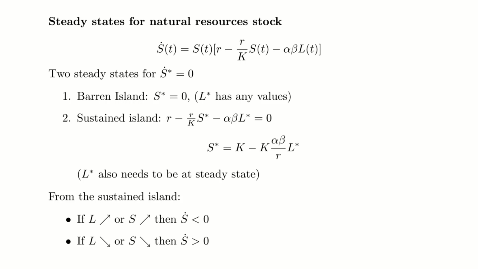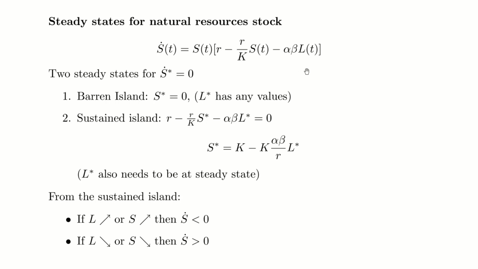A last but very important consideration is what happens away from the steady state. For instance, what if the island is sustained, meaning that R minus R over K S_t minus alpha beta L_t equals 0, and then imagine that for some random reason L or S goes up.